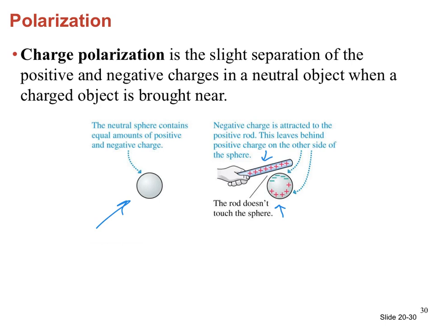So the electrons will flow to the side closest to the rod, and that'll leave a net negative charge on this side. Well, they're leaving the bottom side, so that will leave a net positive charge on the bottom side, which means that one side is negative and one side is positive. But as soon as I take this rod out of there, those charges are going to redistribute. So polarization is a temporarily induced charge separation of positive and negative.